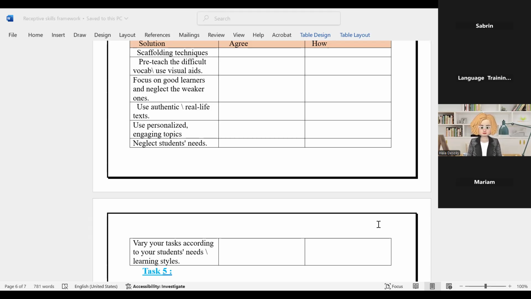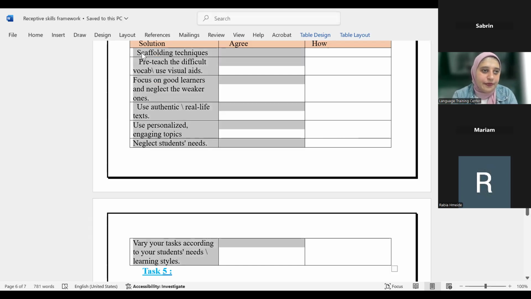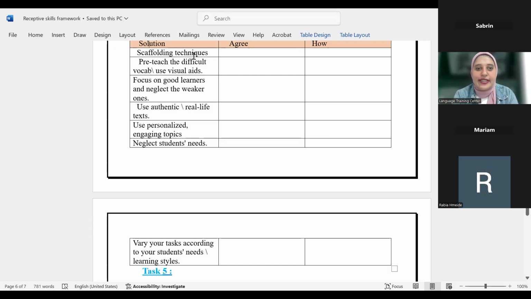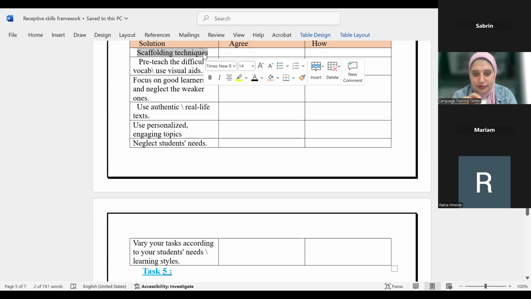Okay, so let's discuss, my friends. What about number one? Scaffolding techniques. Raise hands and share with me, my friends. Yes, Sabrine. Okay, for number one, I think a problem will be students get confused with complex grammar and sentence structures.